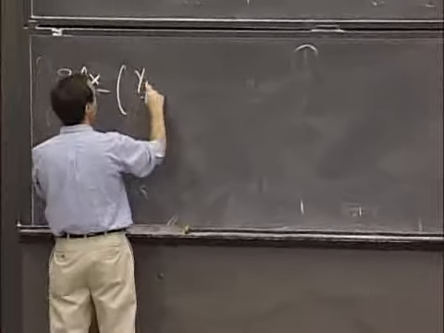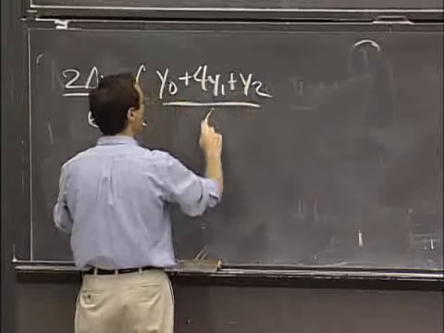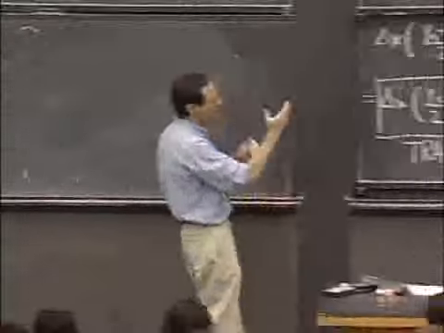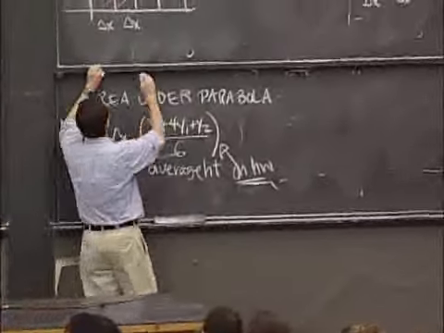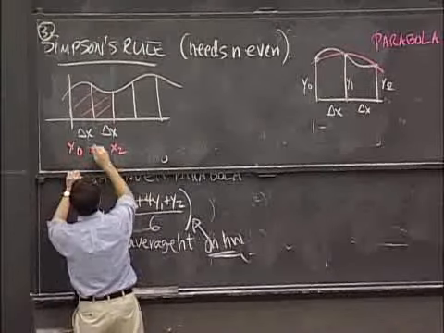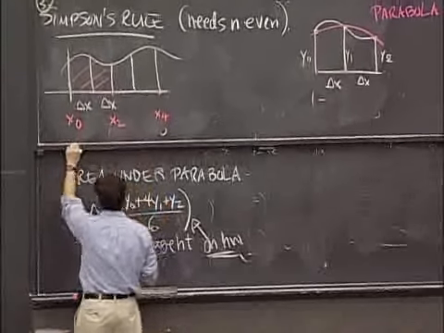And then we have y0 plus 4y1 plus y2, plus, that's the first chunk. Now the second chunk starts at x2 and goes all the way to x4.